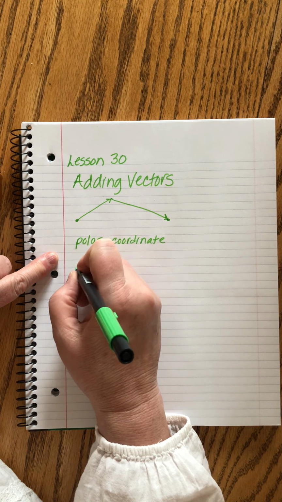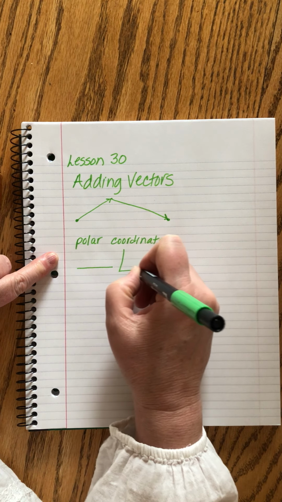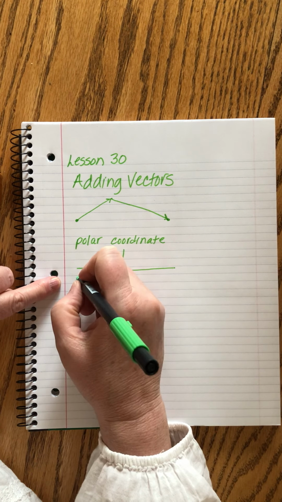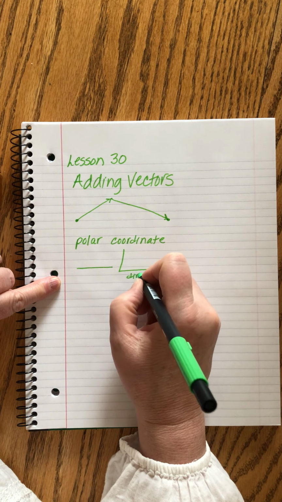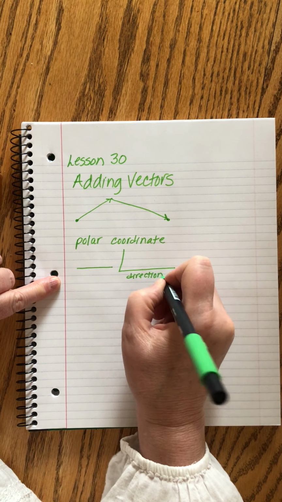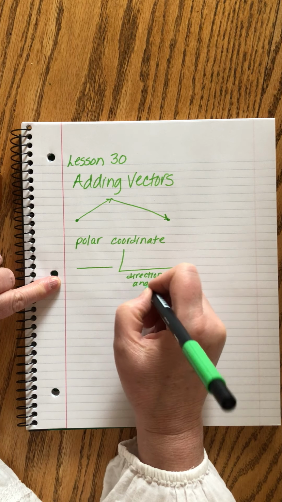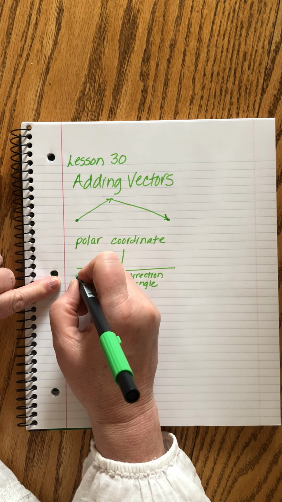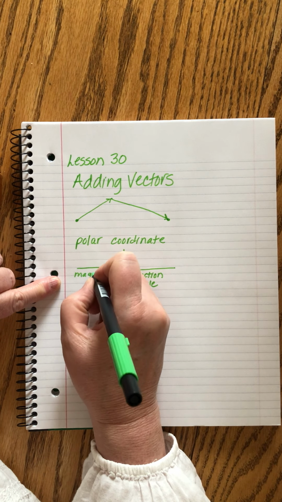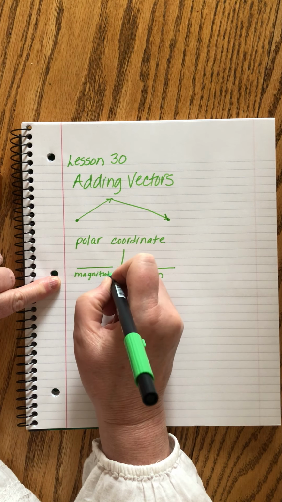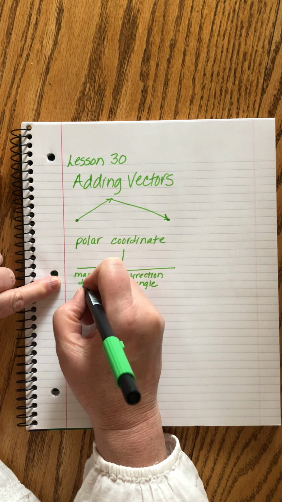It looks like this, right? We often call this the direction or the angle, and this is the strength or the magnitude, but I prefer to call it the distance.